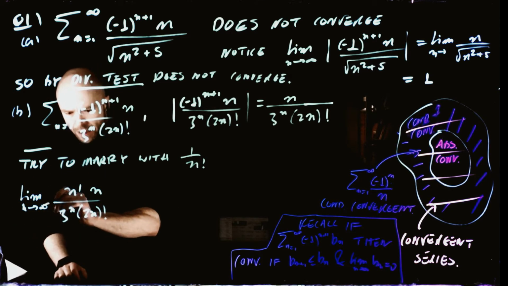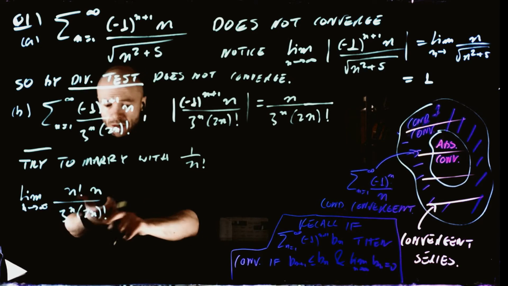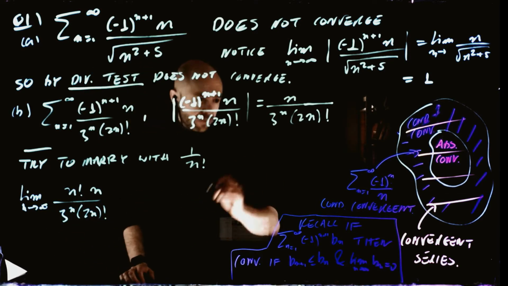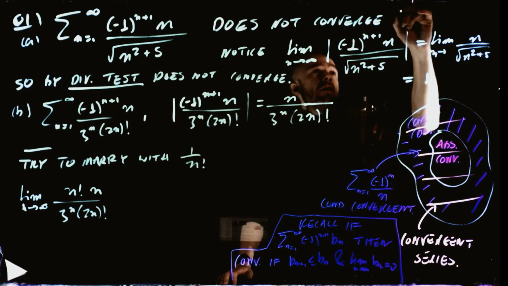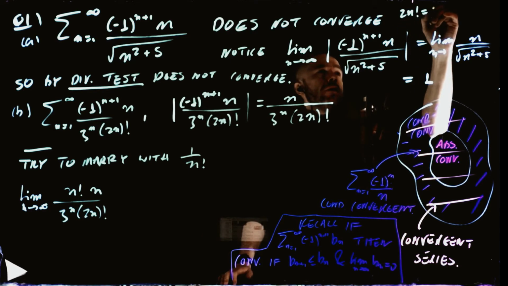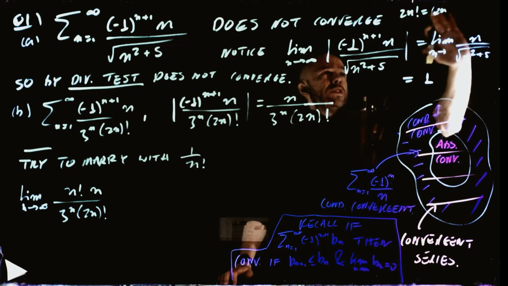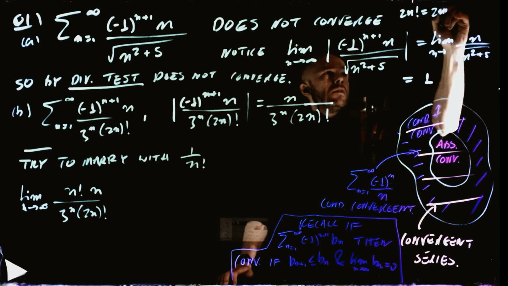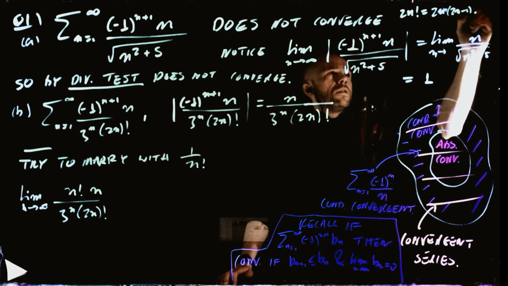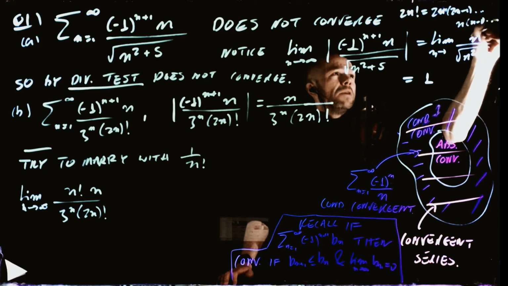But if we look at this guy, then what happens? Well, 2n factorial, put it over here, 2n factorial is 2n times 2n minus 1 all the way down to n, and then we have n minus 1 all the way down, right?